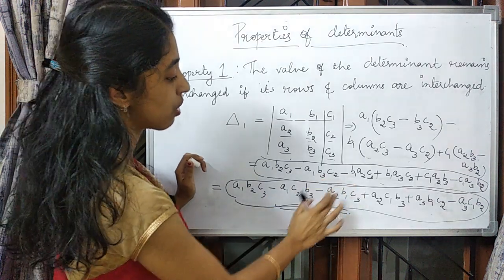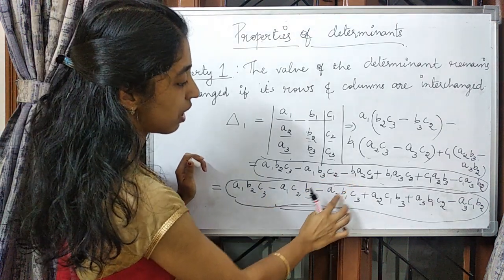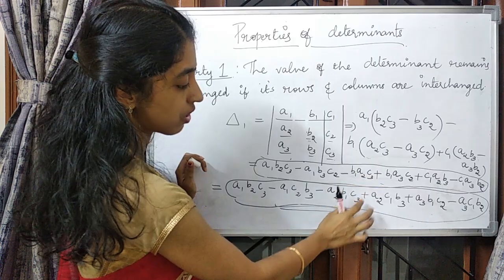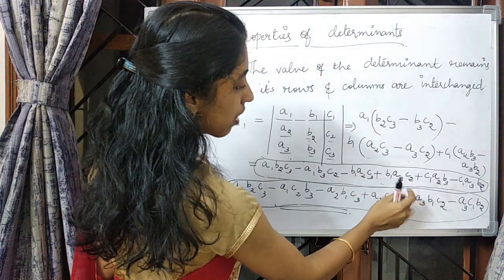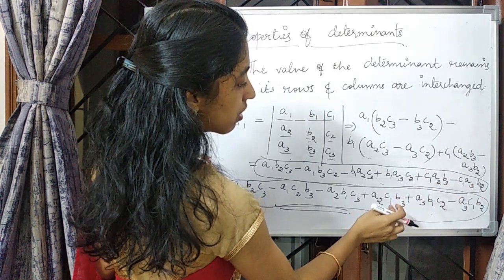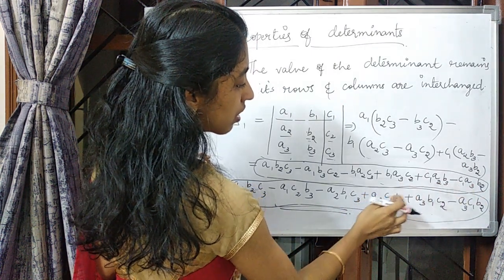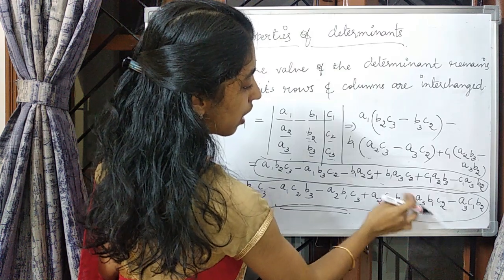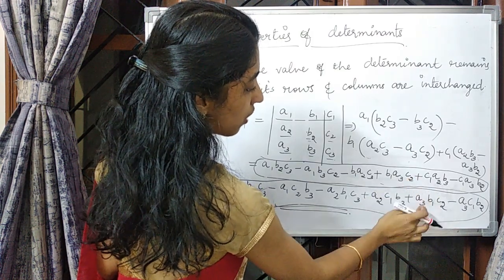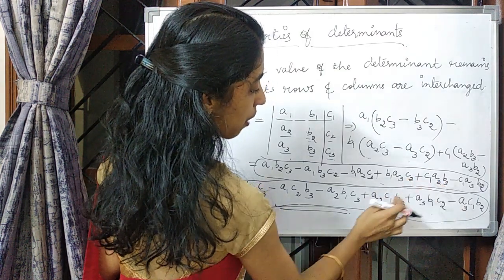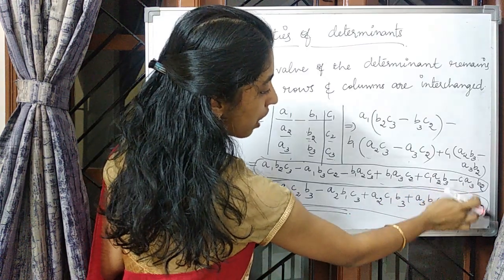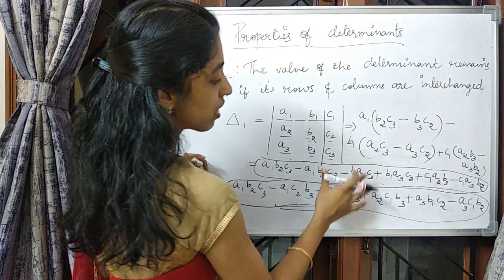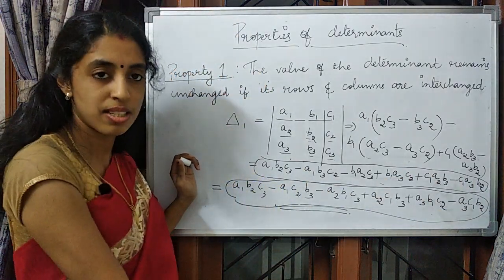Next term, B1 A2 C3 is the same term. Then B1 A3 C2, plus C1 B3 A2, minus A3 C1 B2. These terms are actually the same.